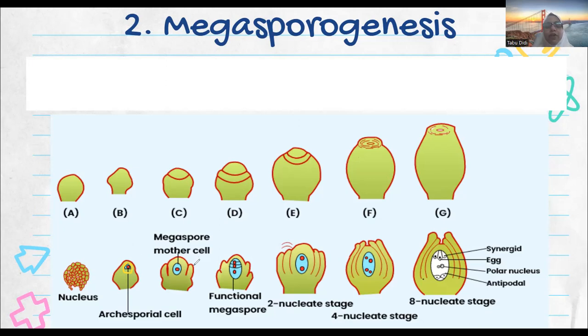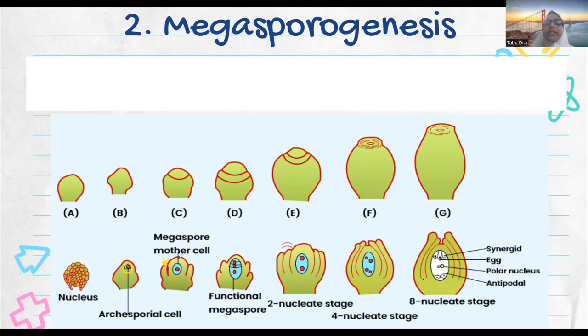Then this will further develop and result into something known as the parent cell. Remember, time and again we are discussing that the parent cells, the mother cells, will give rise to daughter cells. They will undergo meiotic division, right?